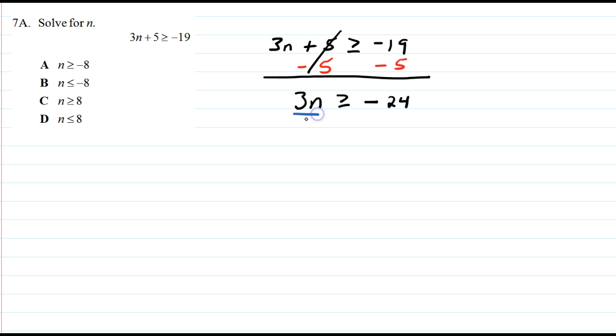Now divide both sides by 3. And we get n is greater than or equal to a negative divided by a positive is a negative. 24 divided by 3 is 8. So we need n has to be greater than or equal to negative 8. So the correct answer is A. Try 7B on your own.